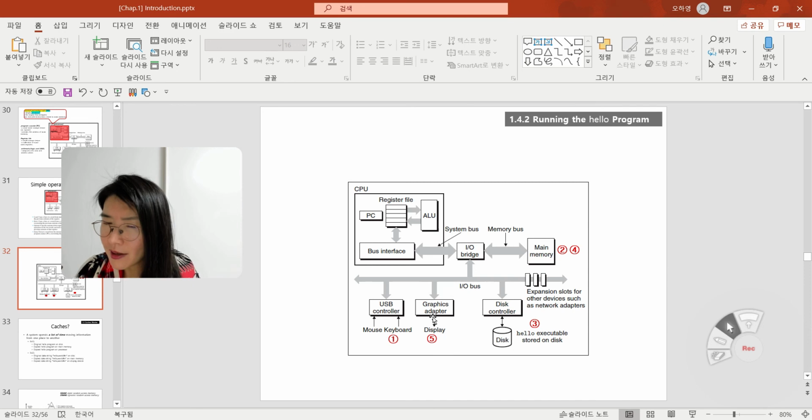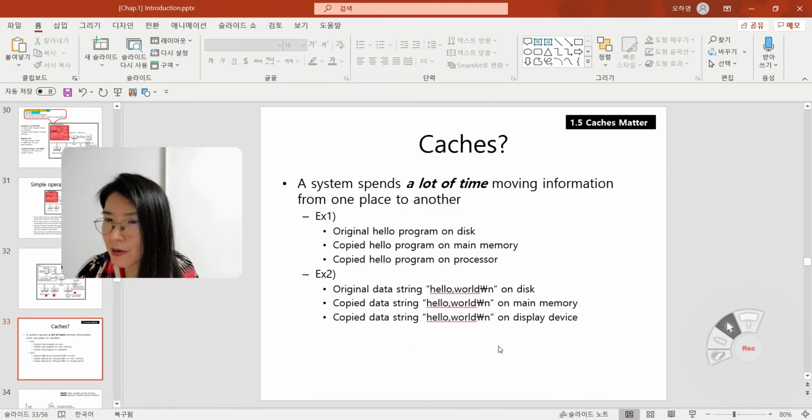So we can understand that main memory is a temporary device for the result, all right? But the stored file, such as hello.c, as well as the executable file, is stored in the local disk permanently. All right. So that is the main point of our lecture.